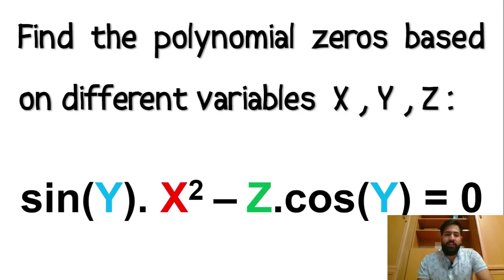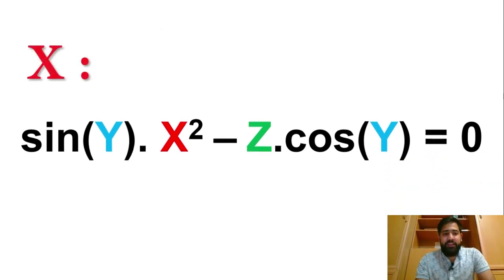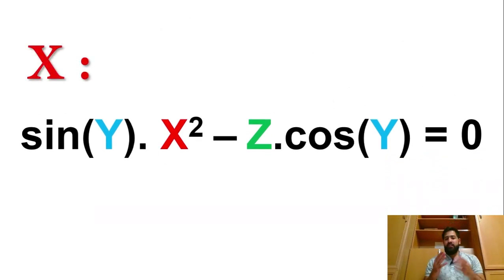So for example, I take the variable x and solve the equation based on x. Here we have x as our variable: sine y times x squared minus z cosine y equals 0. So here we simply have a quadratic polynomial.